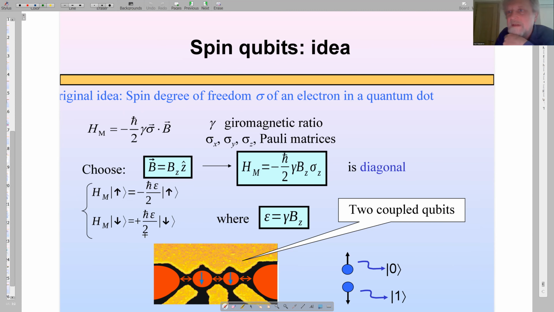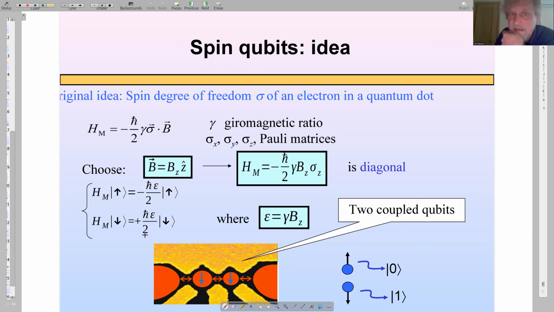Right, the idea of spin qubits is very simple. We just use the property of an electron to be in two states, so it's natural.